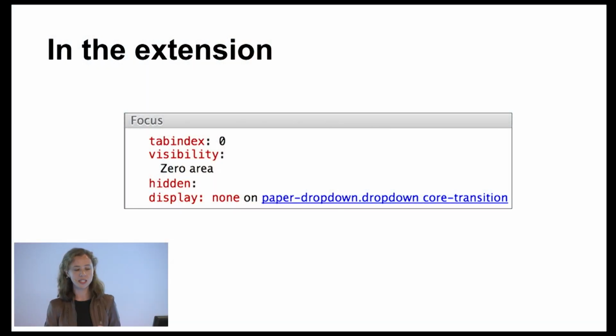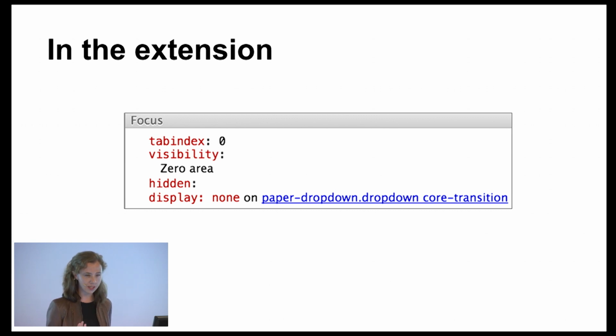Right now in the extension, it's going to tell you if something has a tab index. One big problem that we see is if something has a tab index but it's not visible, it can create a pretty confusing experience if you're trying to use a keyboard to go through the page. So if it's not visible, we try to explain why.